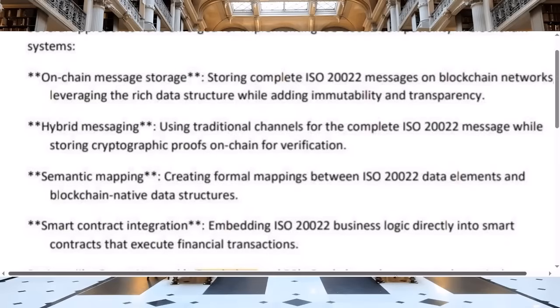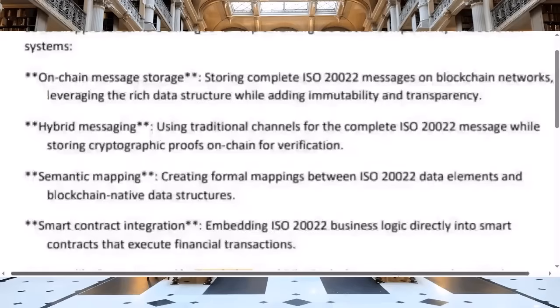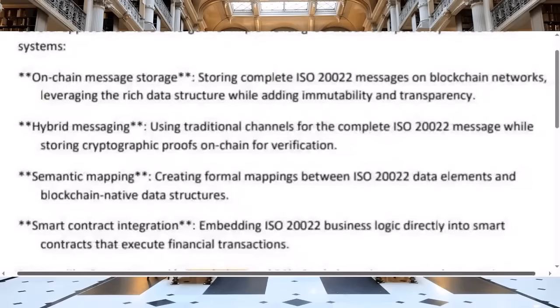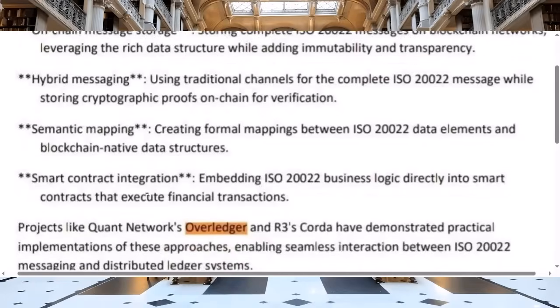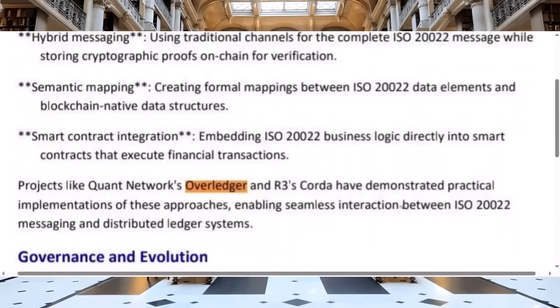You saw the other deep dive that Channing and I recently did with Gilbert Verdian in the highlight in that Zoom call. He mentions the whole thing of those messages. Look at this, everybody. This aged well. So leveraging the rich data structure while adding immutability and transparency. Checkmark. Hybrid messaging using traditional channels to complete ISO 20022 messages while storing cryptographic proofs on chain for verification.